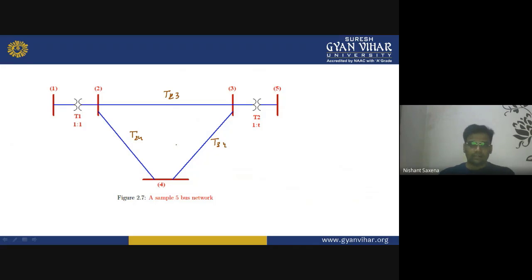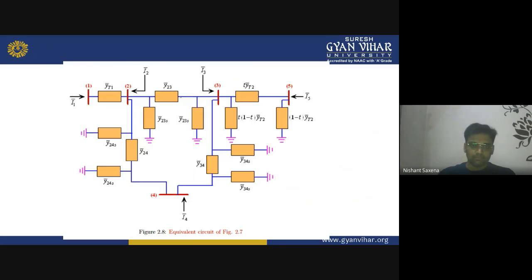Now look at this. We are representing this with the pi model. This Y23 is the series admittance, and these are your shunt admittances of the pi model. Similarly, this is your Y24, this is your Y34. This is your transformer T2, and this is your transformer T1.